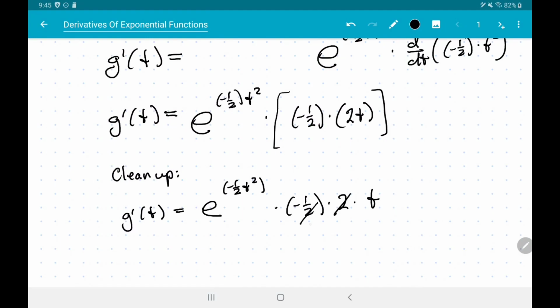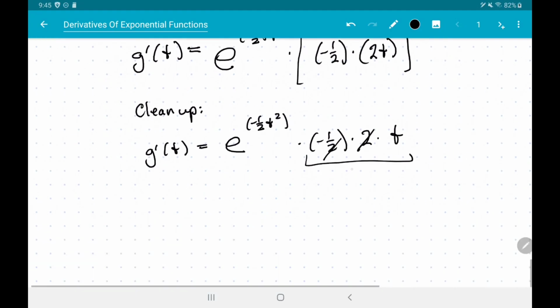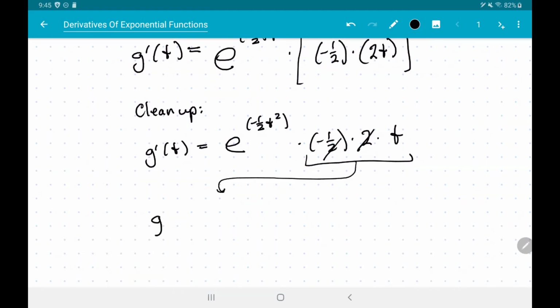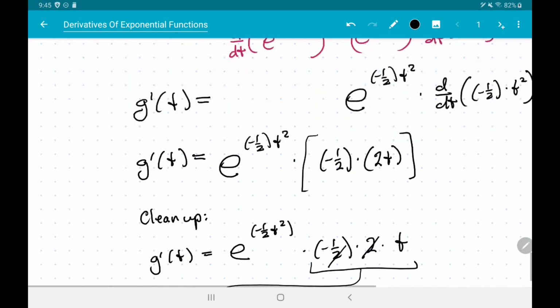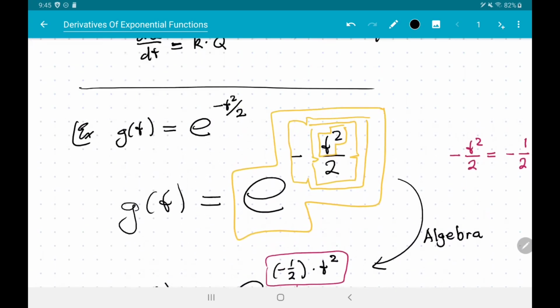And then I might as well move this multiplication by negative 1 and t up to the front. Again, it's basically just because it looks better that way. And if you're careful, you can write that as e to the negative 1/2 times t squared like that. You're also free to put the t squared back up over the 2. So there you go. That's the derivative of this function.